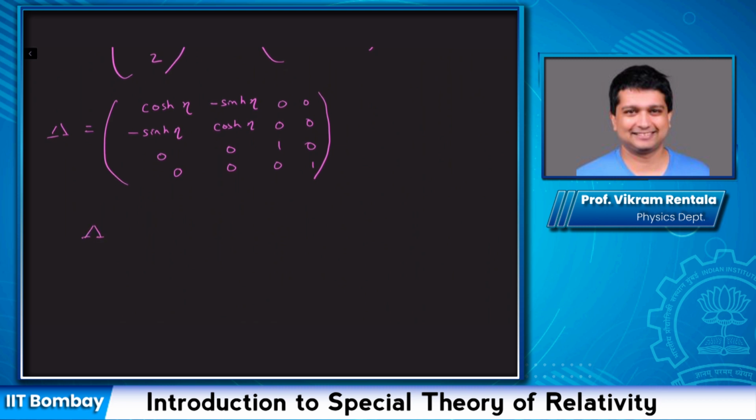I won't do it here, but lambda inverse you can show would just be cosh eta, plus sinh eta, plus sinh eta, cosh eta, and then the rest of the matrix is the same.